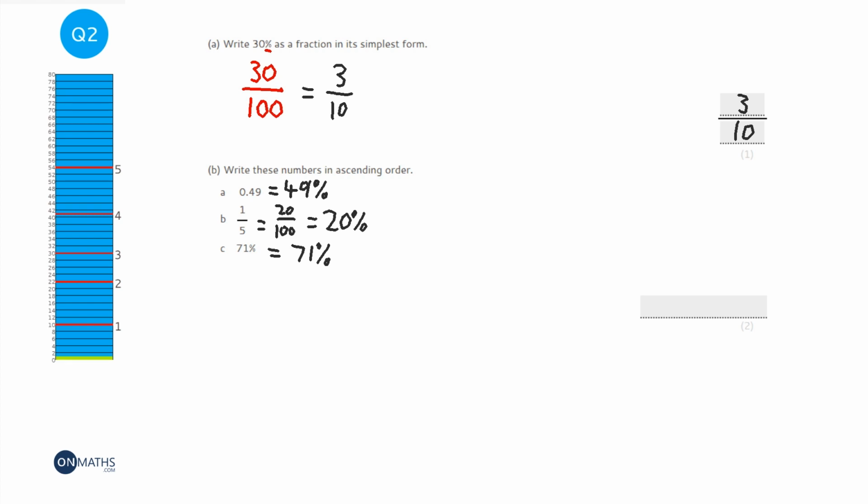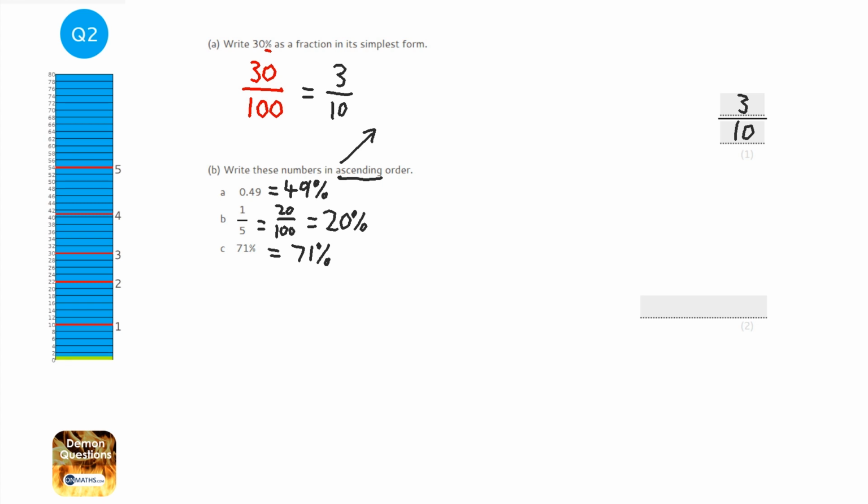Now you can clearly see here that the 20% is the smallest, 71% is the largest. However, we need to work out which way around it wants it. Where it says ascending order, ascending means going from smallest to biggest. A plane ascends when it takes off, and then descends when it starts coming down to land.